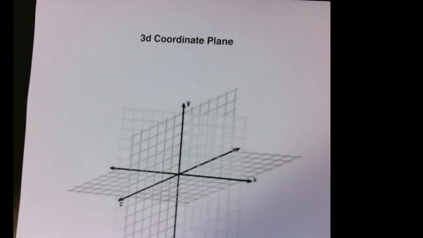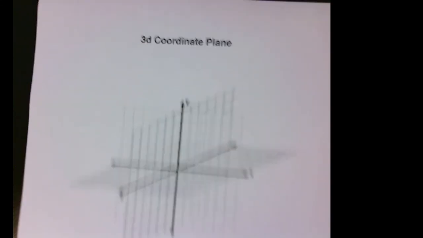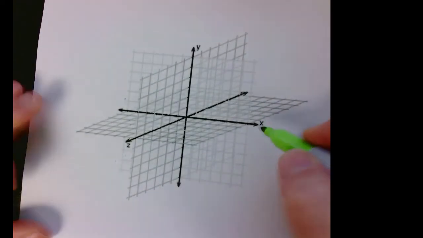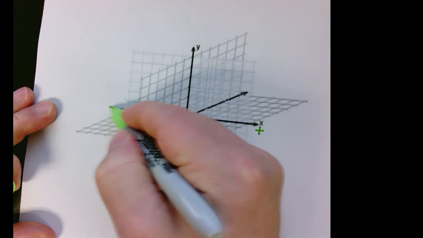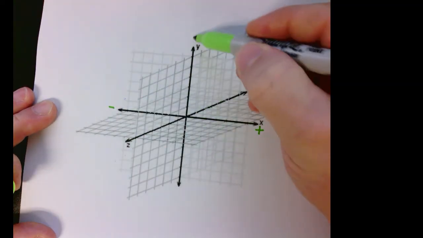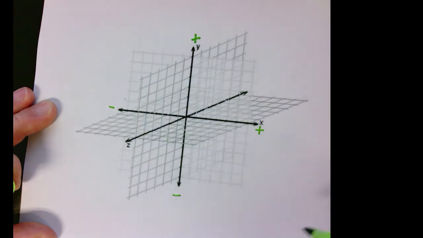Now, if we were to go further and look at a three-dimensional coordinate system, we have x, which can have positive and negative values. We have a y-axis, which can have positive and negative values. And we have a z-axis, which can have positive and negative values.